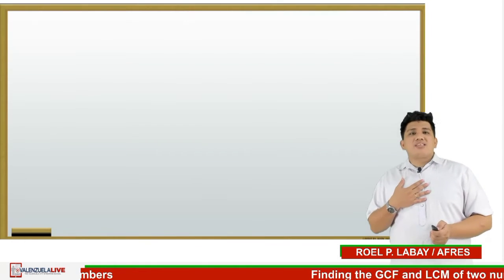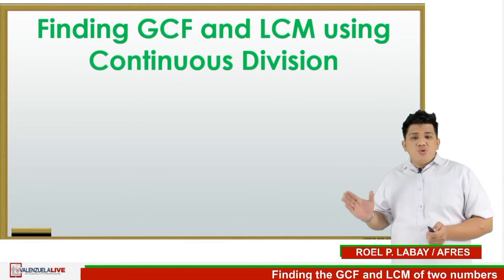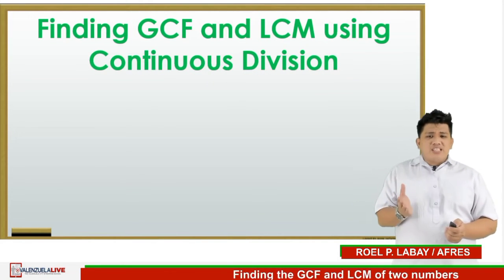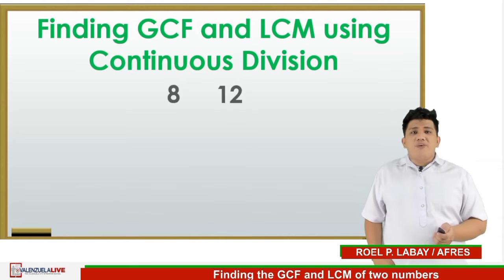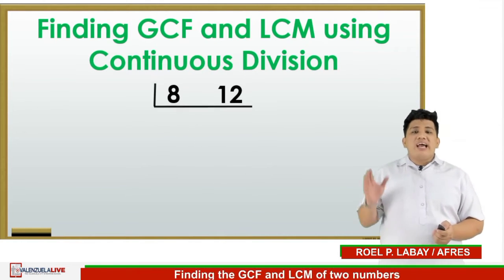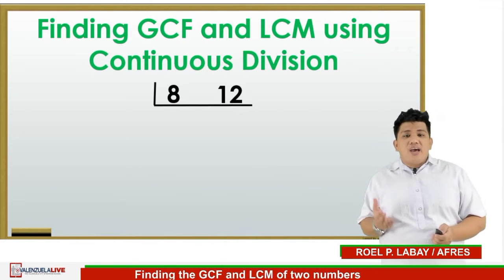Now, let's talk about finding the GCF and LCM using continuous division. Let's find the GCF and LCM of 8 and 12 by using continuous division. Let's divide 8 and 12 by its prime factor.